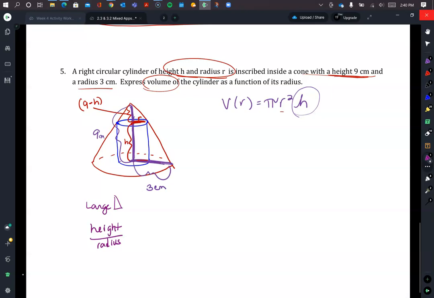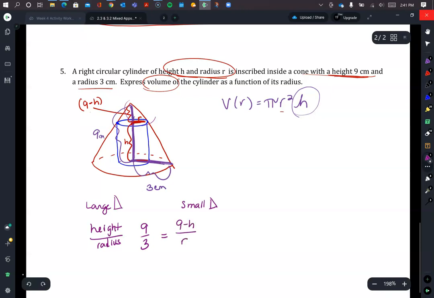So I could use that as 9 over 3 and set up a proportion to the small triangle that I have right here, and that would be equal to my height on the small triangle, 9 minus h over r. And that would help me get this r worked into h.